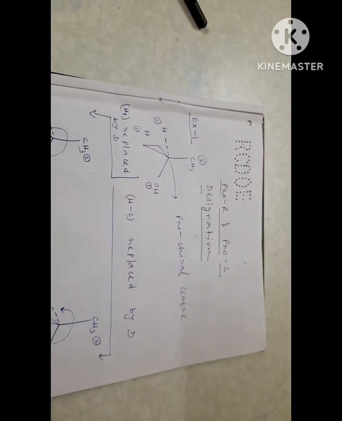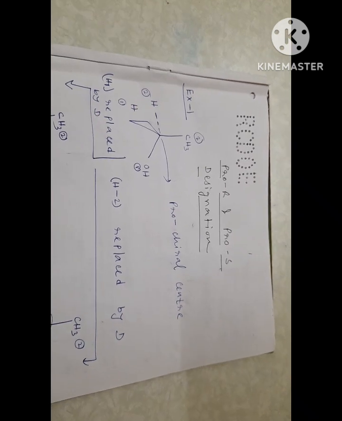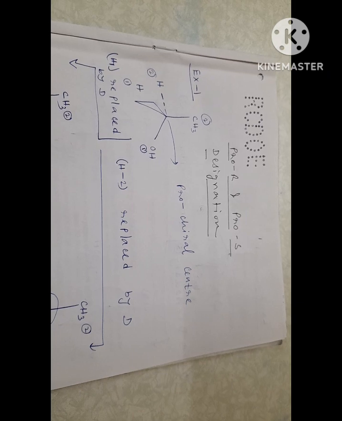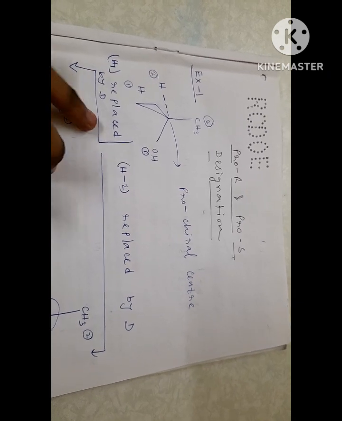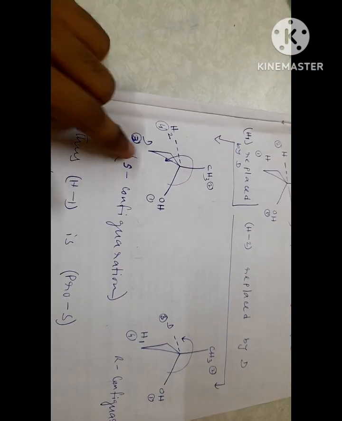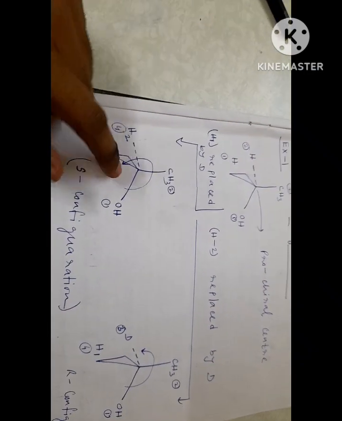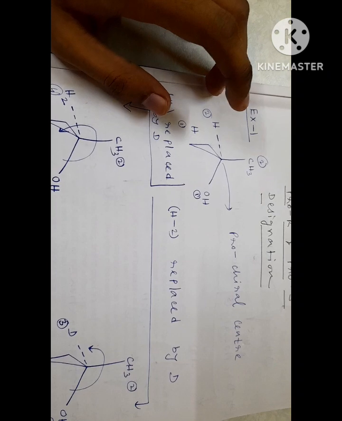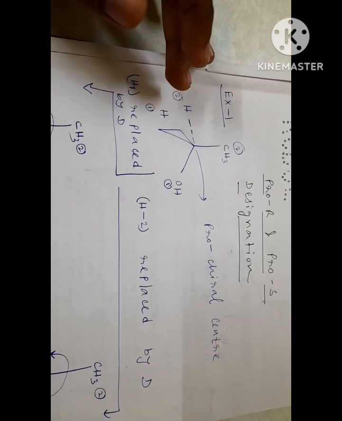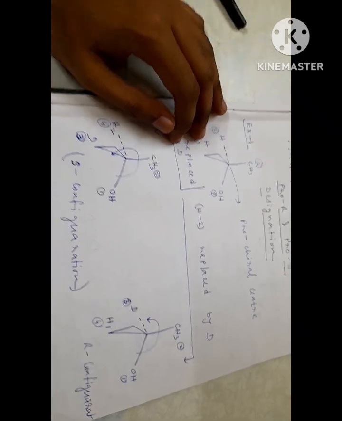Pro here indicates the condition before the chiral nature. The central carbon is not chiral, but here the central carbon becomes chiral. So it is the condition just before getting chiral. All right.